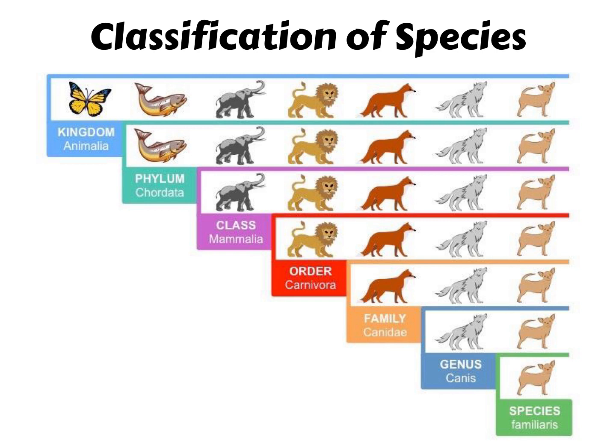So here's another way to look at our classification of species. We can see in the kingdom of animals, we have all of these different animals. Then we have this phylum of Chordata. That means that they have a backbone. So we get rid of that butterfly because insects do not have internal bones. Then we come down to our class, which is mammals, and so we get rid of the fish because a fish is not a mammal.